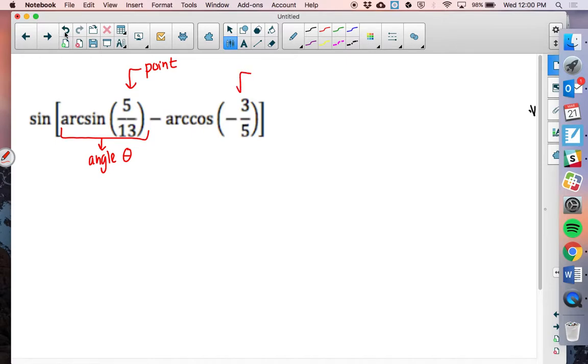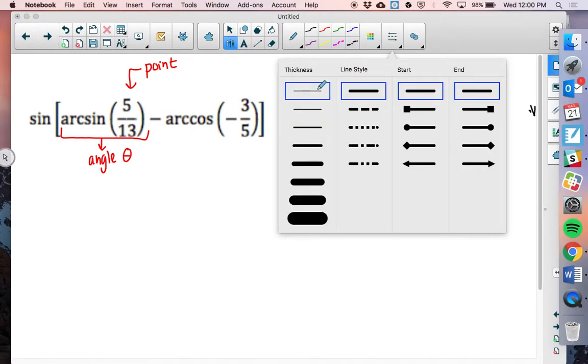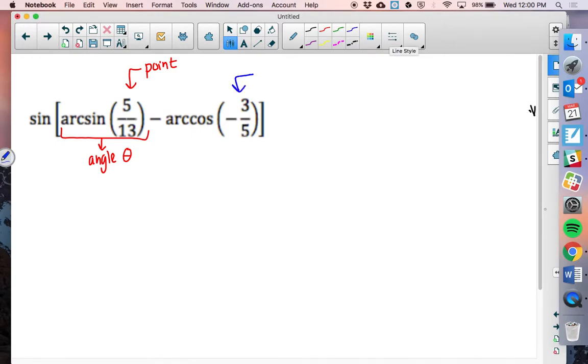Again here, in goes a point, and out comes an angle. And this time I'm going to call my angle x, just to use a different variable.